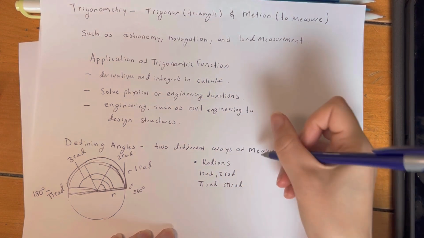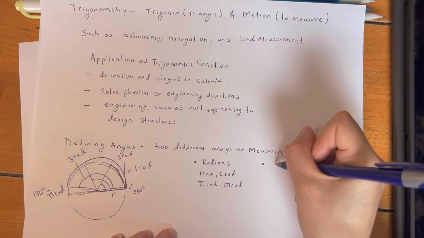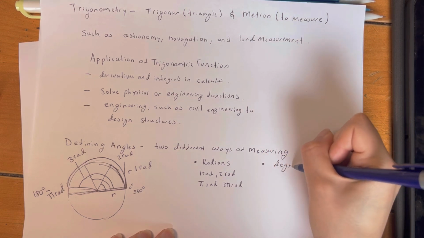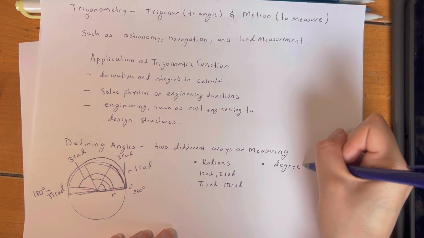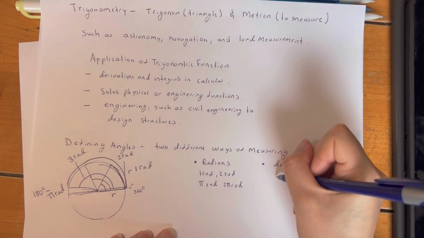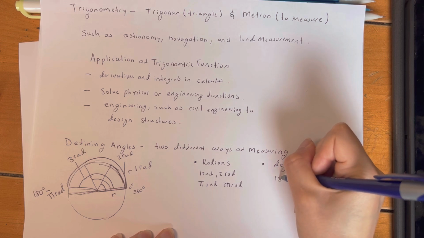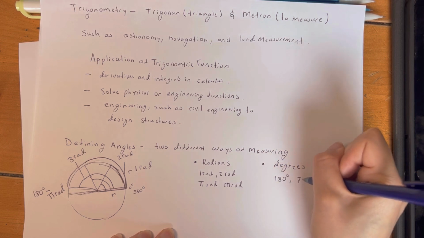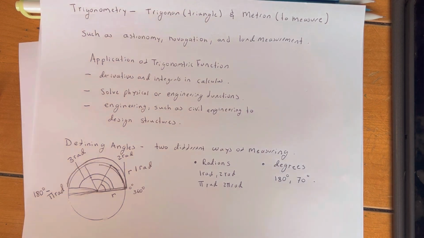Those are examples. We have degrees: 180 degrees, 70 degrees. Those are examples, okay?